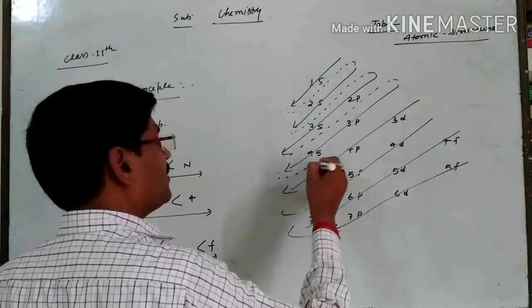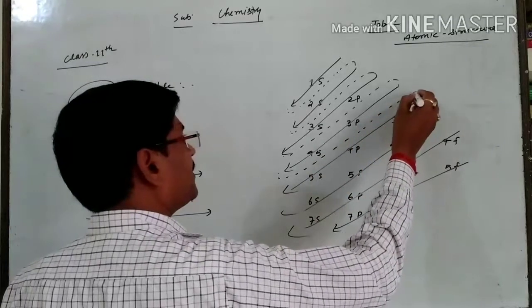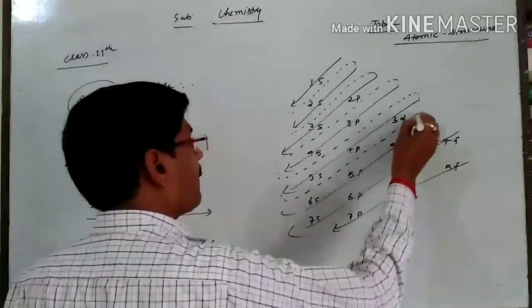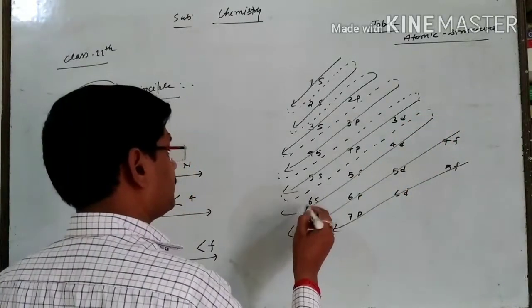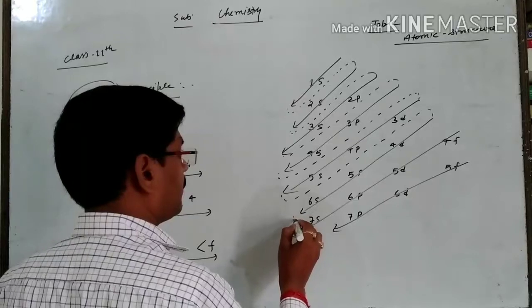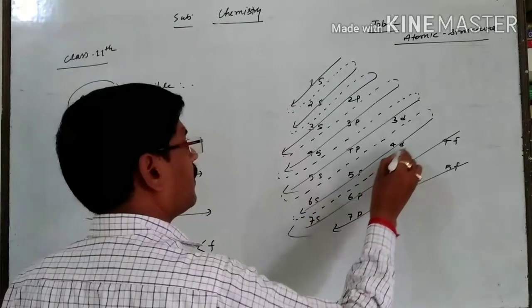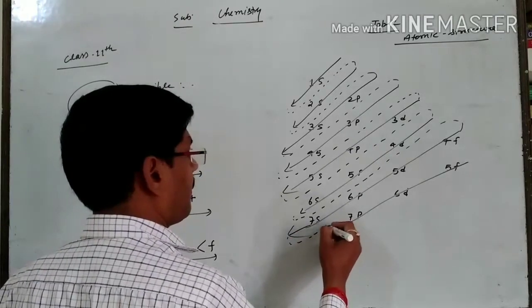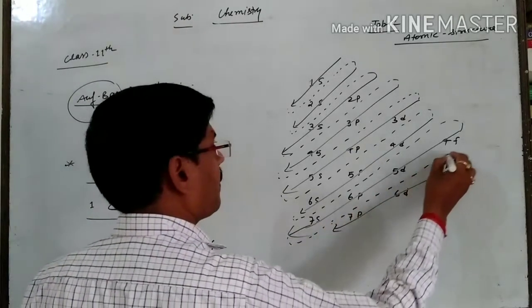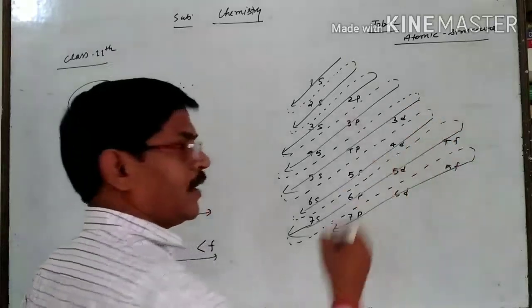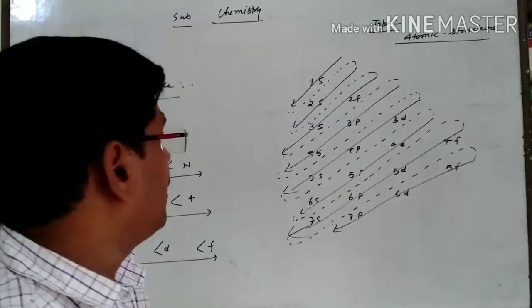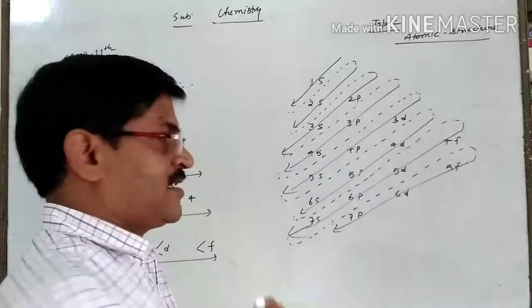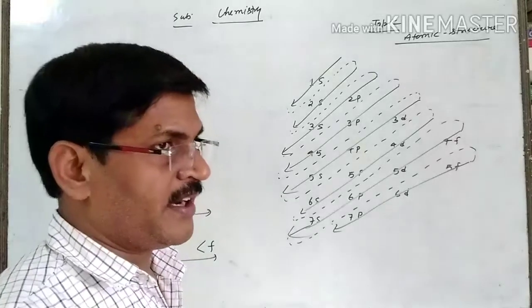In this way, you have to fill up the electrons in different shells and in their subshells s, p, d and f.